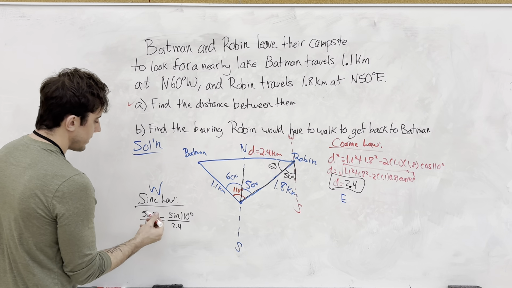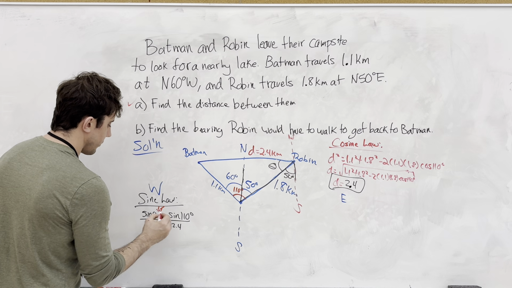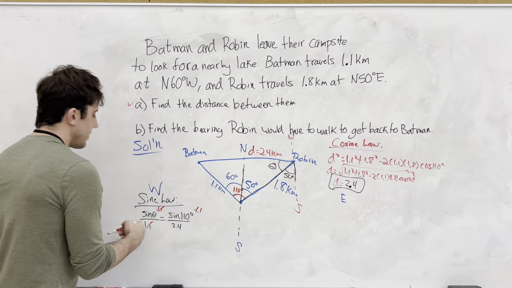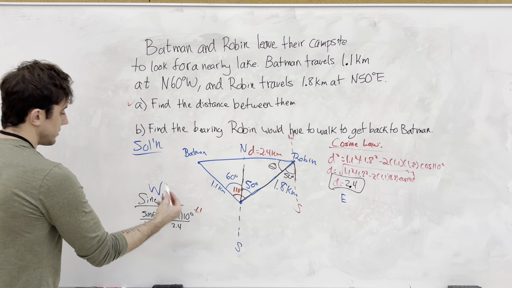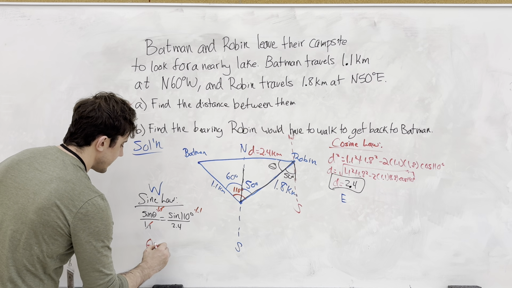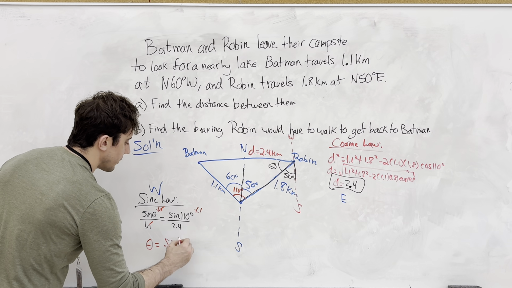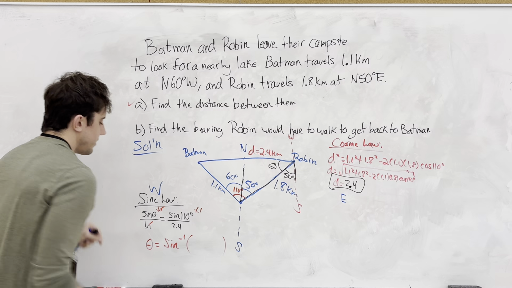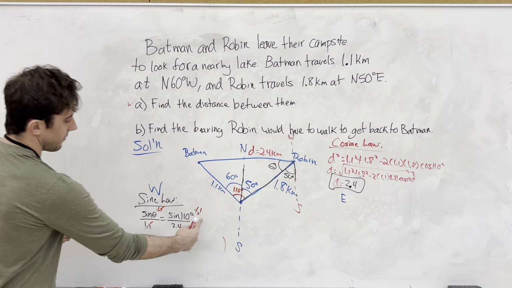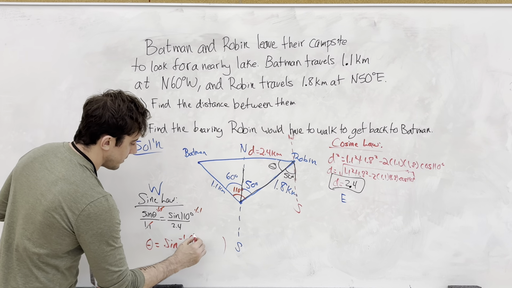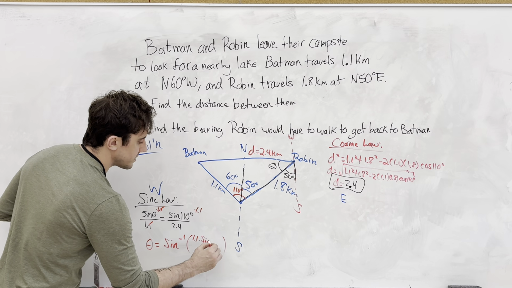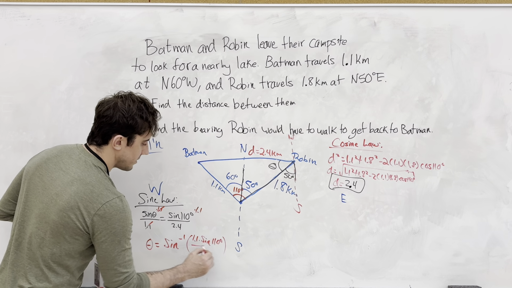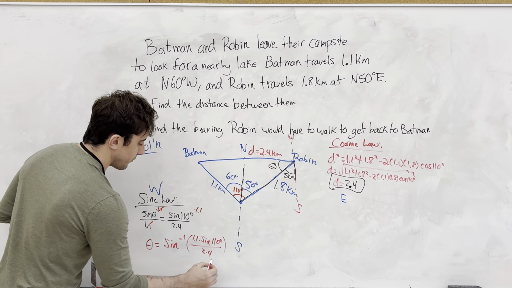We want to isolate theta. So first times by 1.1 on both sides, and then that'll be sine theta. To get theta by itself, we'll have to take the inverse sine of both sides. And so we'll find theta to be the inverse sine of 1.1 times the sine of 110 degrees, all divided by 2.4.